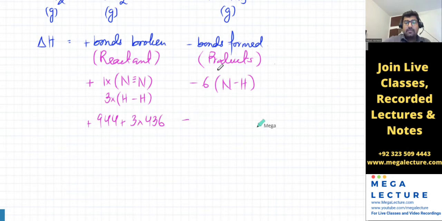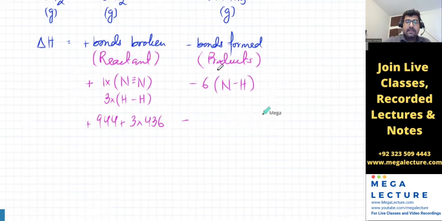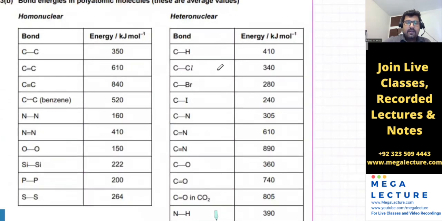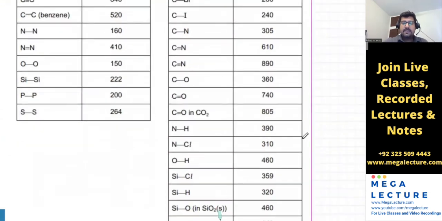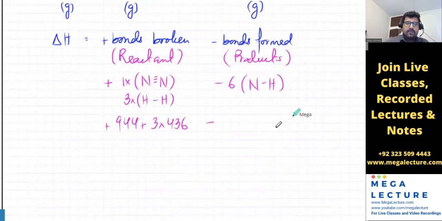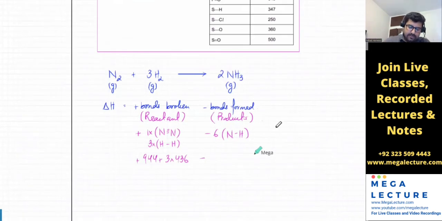And the other values would be negative: 6 N-H bonds. N-H is over here, that's 390. So we're going to use this. So it's 6 times 390, and you've already added a negative sign.